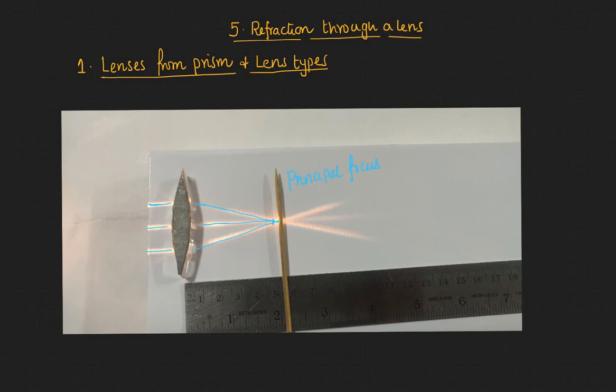The length from the lens to where the light is focused is what we call the focal length, and this is denoted by the letter F. Here the light is focusing at about 5.5 centimeters. So the focal length is 5.5 centimeters.